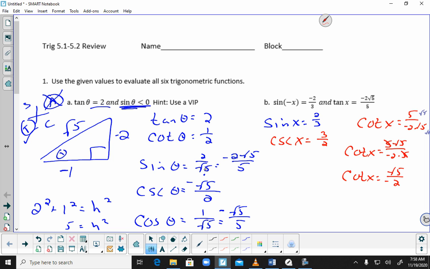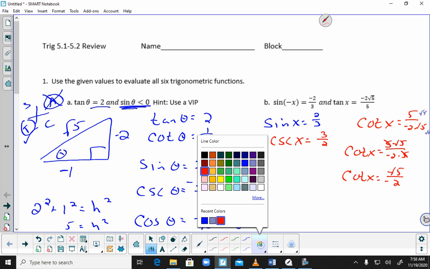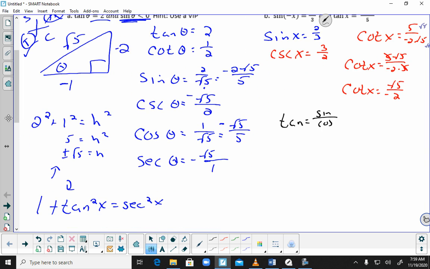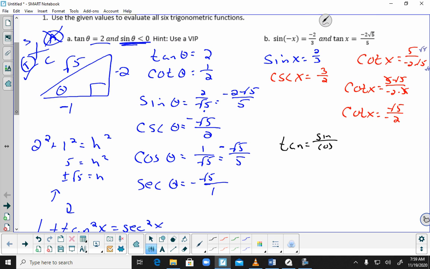To find my cosine, I'm going to say tangent is equal to sine over cosine. So then what I'm going to write is that my tangent, negative 2 square roots of 5 over 5, is equal to my sine, which is 2/3, over my cosine, which is what I'm looking for.